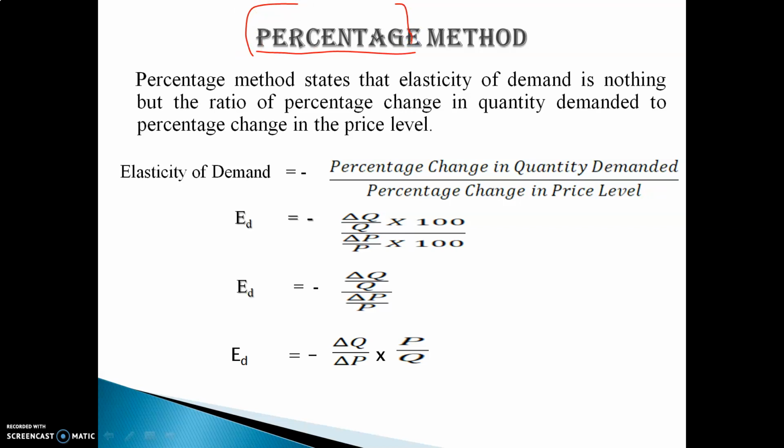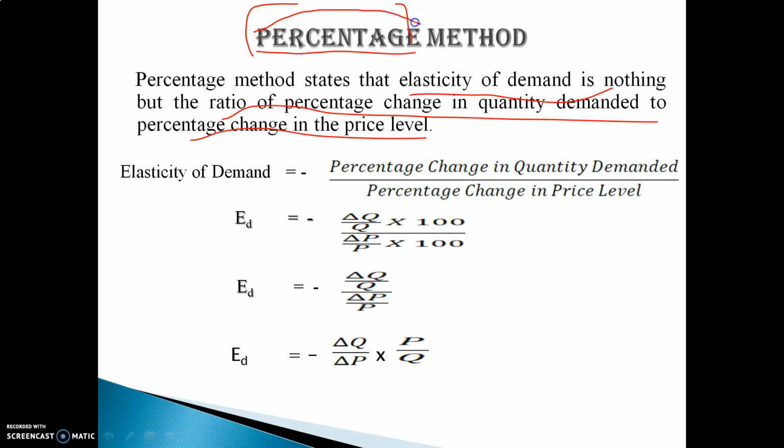So if you go into the theoretical background, the percentage method states that elasticity of demand is nothing but the ratio of percentage change in quantity demanded to percentage change in the price level. So these two things you need to consider.